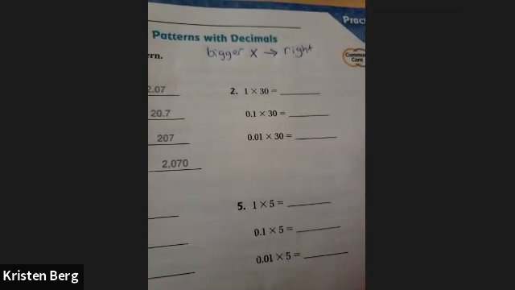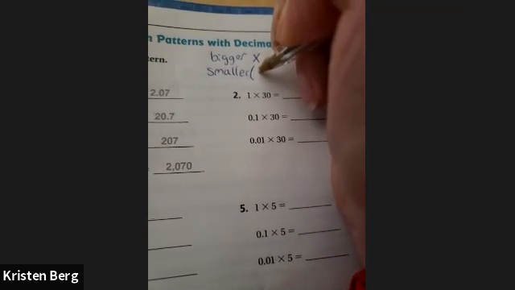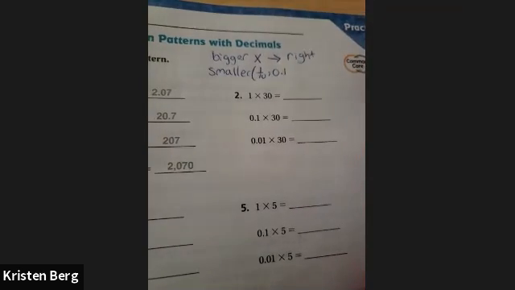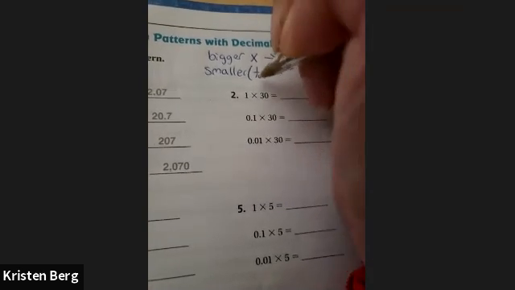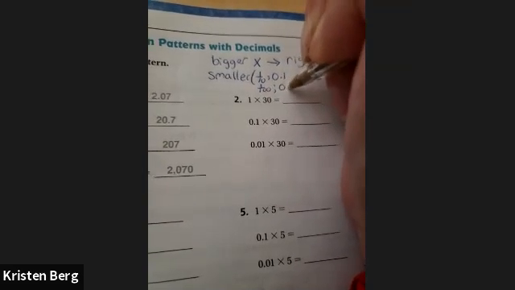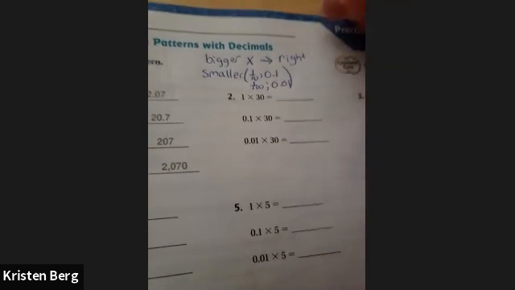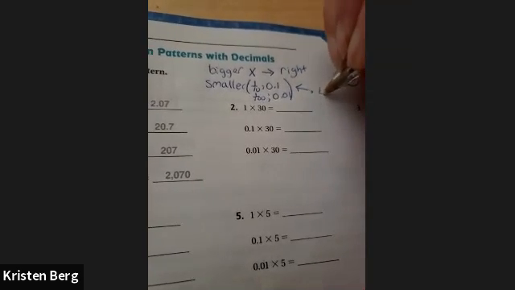And then when you are making your number smaller, for example, you could see 1/10, the decimal mode of 1/10, is making it smaller. And then you could see 100th, or in decimal mode, this is showing 100th. So when you're making it smaller, you're actually going to be moving your decimal to the left.